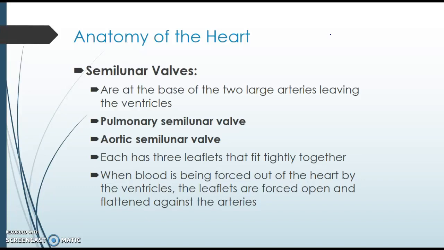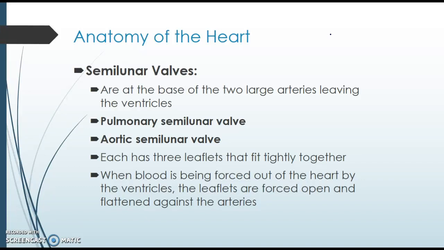And how I always kind of remember these is they're little flaps that open and close. I always think of it as a ketchup bottle. So when you want to squeeze out ketchup, you have to squeeze the ketchup bottle and you're building pressure inside the ketchup bottle. And once you build enough pressure from squeezing that ketchup bottle, it forces ketchup out of that little valve on the cap. This is exactly the same.